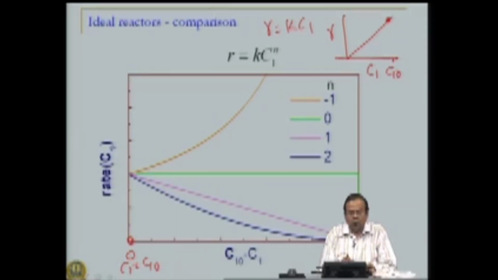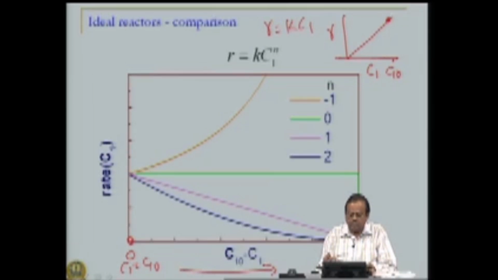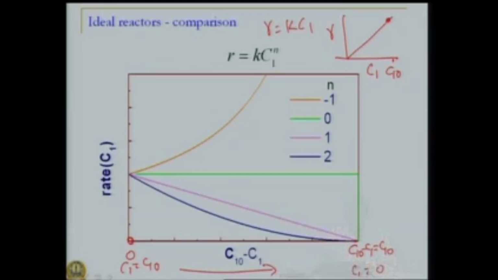And as on this plot of C10 minus C1 we are travelling here, what is happening at this particular point? This is when C10 minus C1 is equal to C10, that means C1 equal to 0. So, that is this particular point.